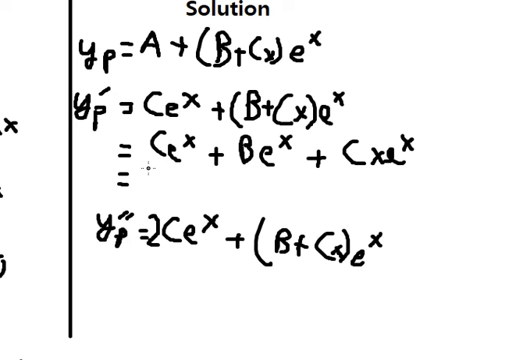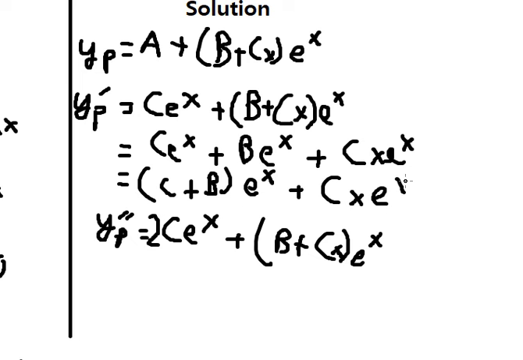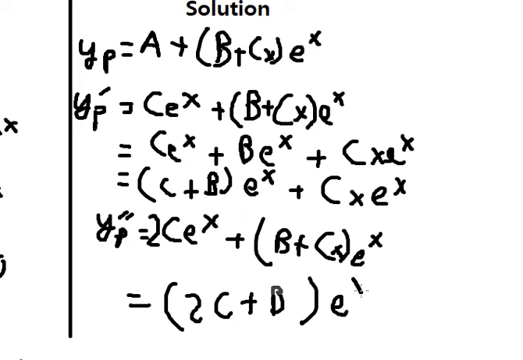We can do factorization. This one we do the same, and we have 2c plus b e to the power of s plus cs e to the power of s.